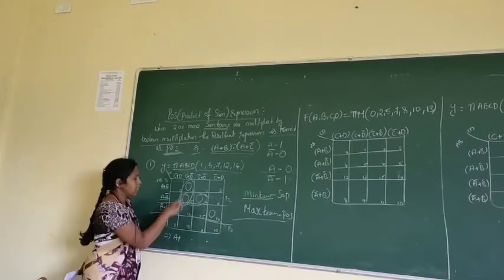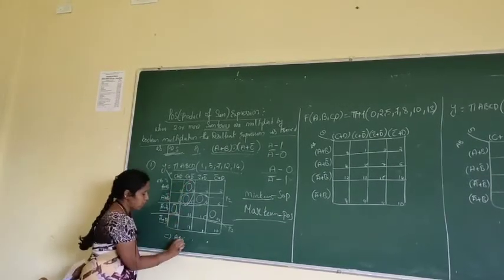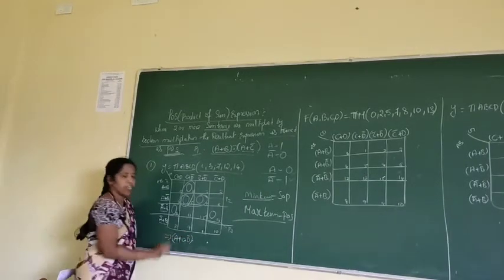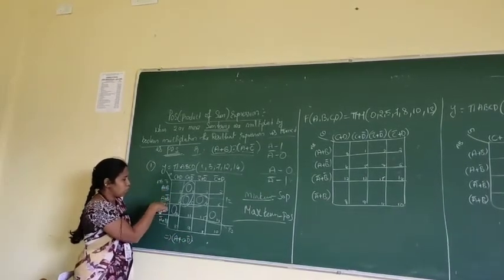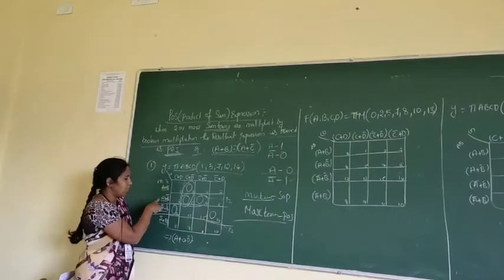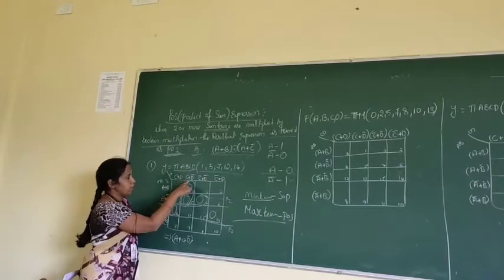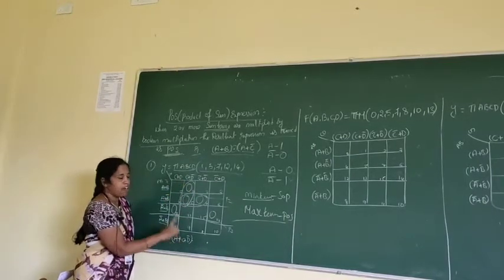A plus, now here you have C plus D bar. So from these two rows, B bar and B get cancelled, you are getting A plus, and from this single column, C plus D bar. That is the first pair.